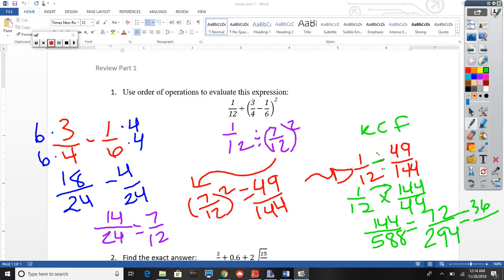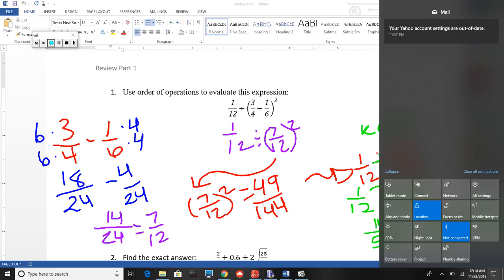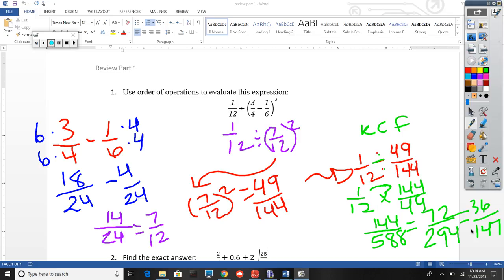And then 294 divided by 2 is 147. Finally, I reached the number that I can't simplify anymore. Well, I think I can't simplify them anymore. So my answer is 36 over 147.